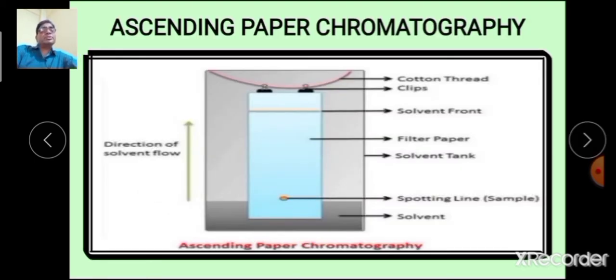Now we are going to study the first variety of paper chromatography, which is ascending paper chromatography. The diagram indicates that Whatman filter paper is cut into the size of a glass plate, and from one edge of the paper the baseline is marked with an HB pencil.